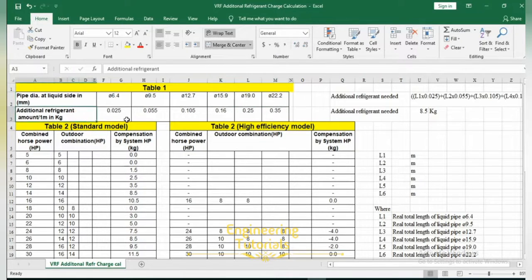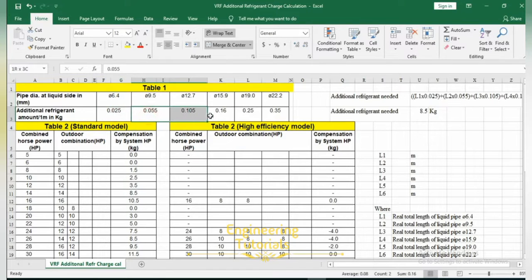This is the additional refrigerant needed per meter length. So 0.025 kg additional refrigerant is needed per meter length of the pipe due to 6.4 mm dia.